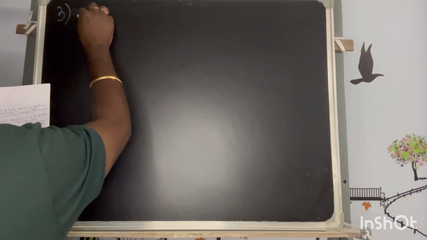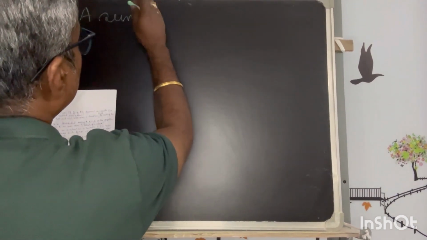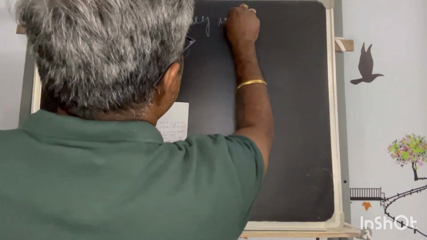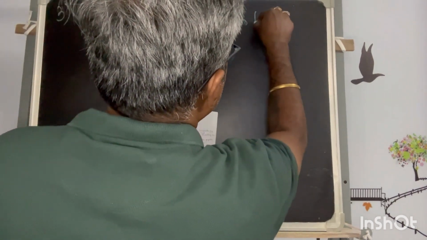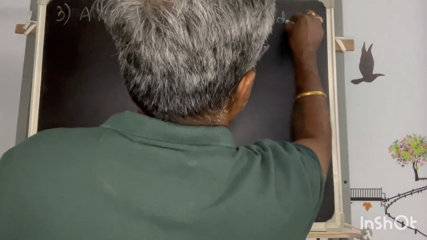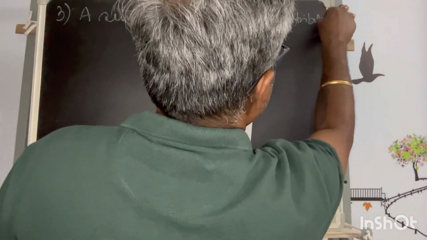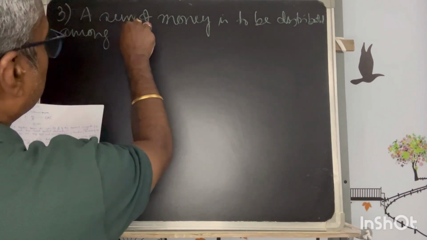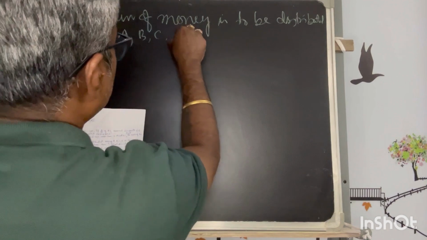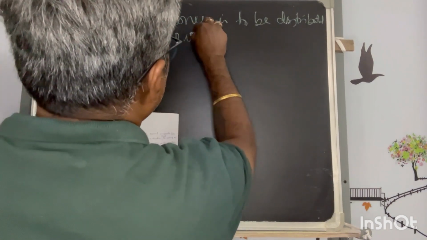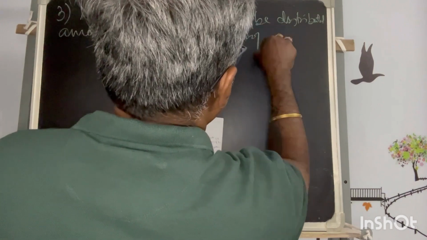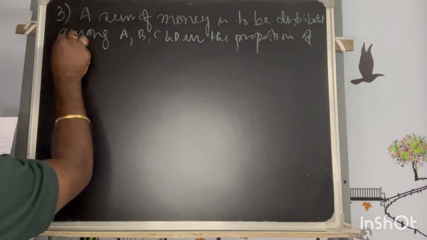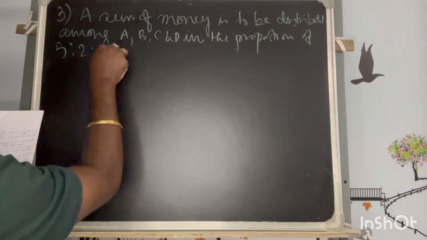A sum of money is to be distributed among A, B, C and D in the proportion of 5:2:4:3.